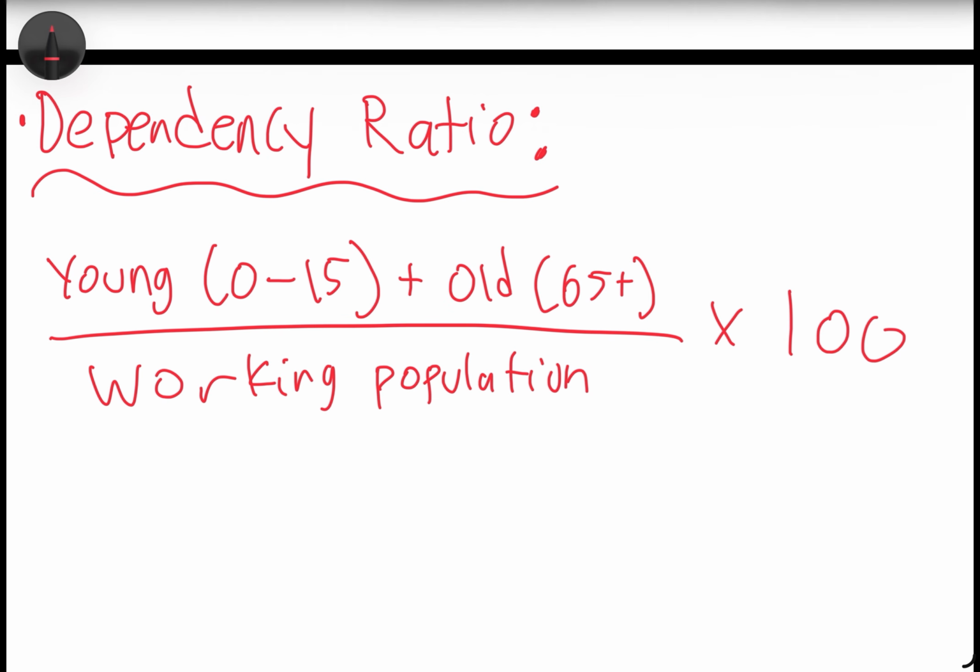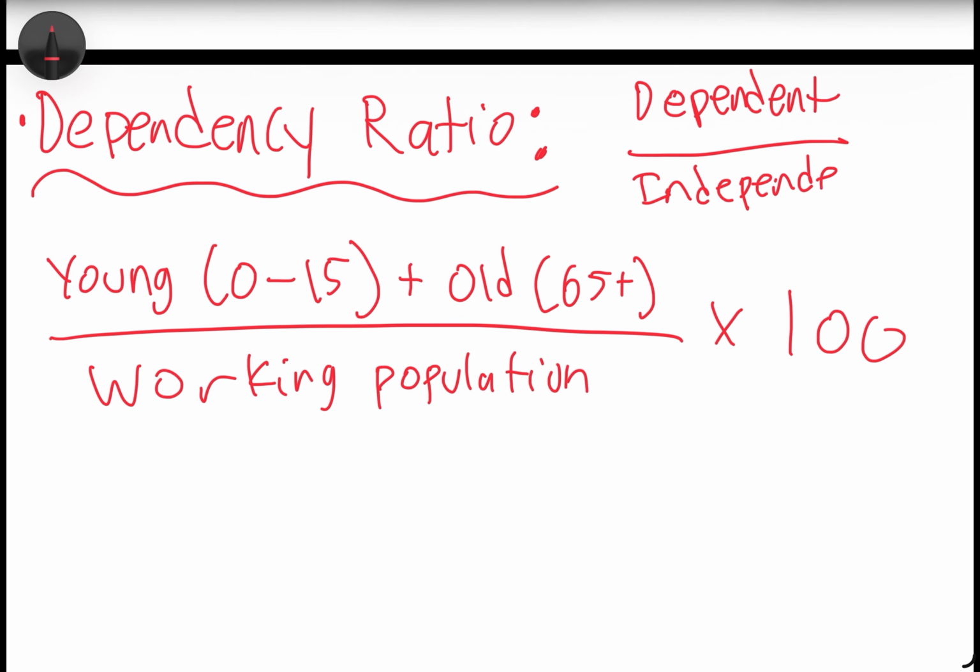Now, another way you can remember it is just dependent over independent. That's if you know which one they are, and of course, times 100.